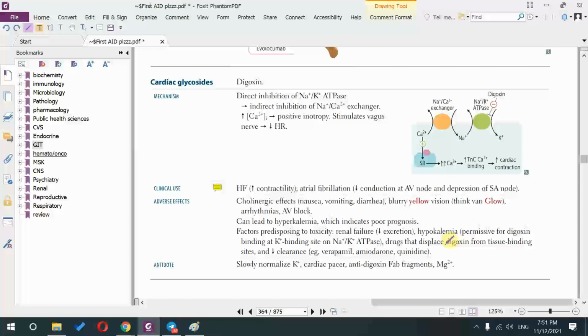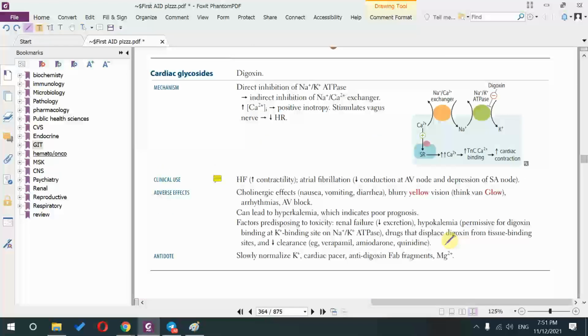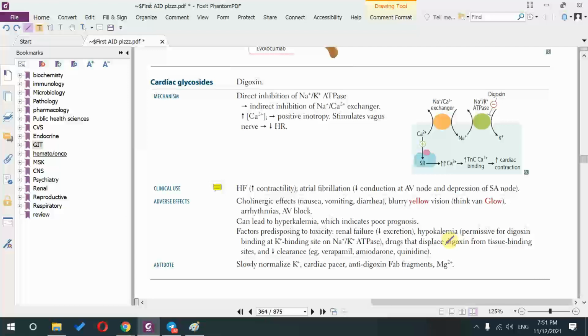Okay. So adverse effects include cholinergic effects. Cholinergic effects include, well, you know, nausea, vomiting, diarrhea, and blue-yellow vision. Think about Van Gogh. Also arrhythmias and AV block. Let me ask you something, guys. If I have a blurry, let's say a blue vision, what side effect of which drug?